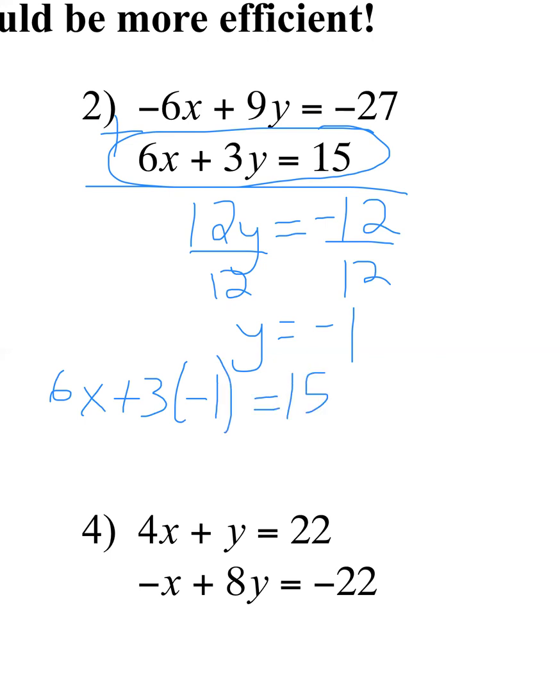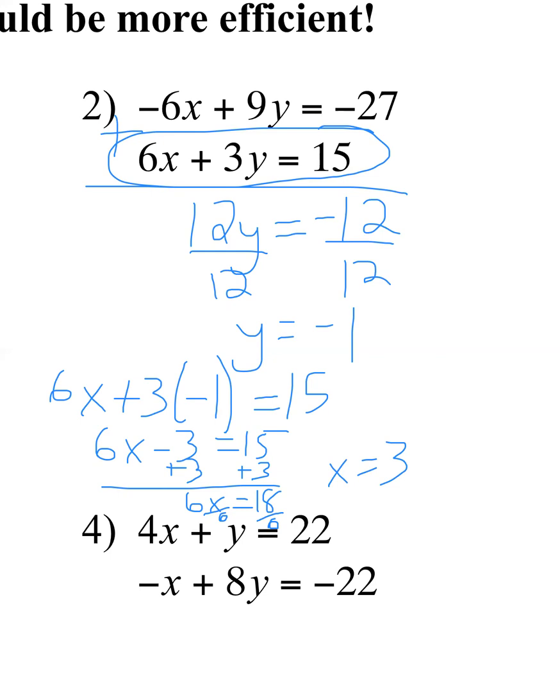And I can go ahead and solve for x. 6x minus 3 equals 15. Add the 3. 6x equals 18. So divide both sides by 6. Looks like x is going to be 3. Okay, so now I have my ordered pair, 3 comma negative 1. Awesome.